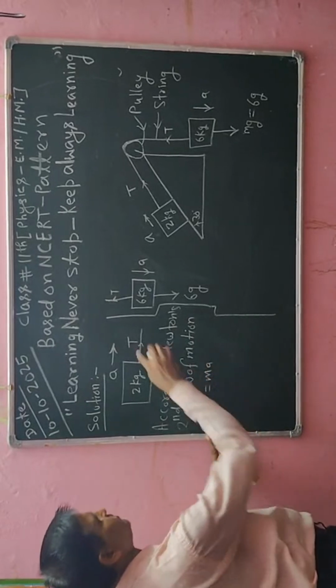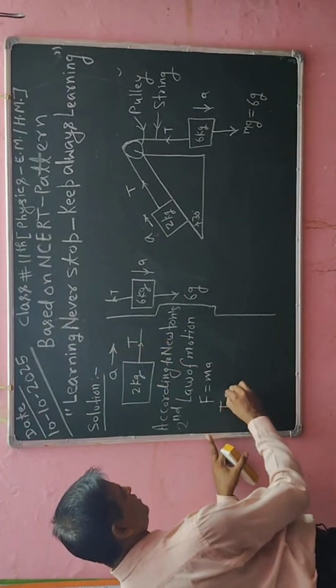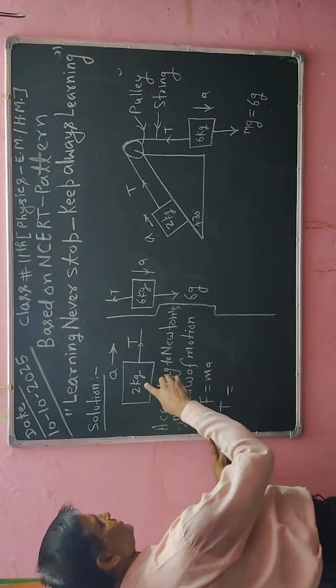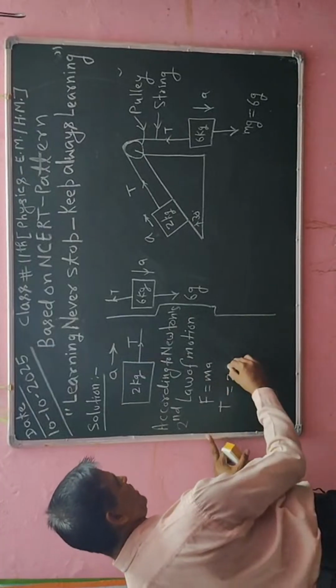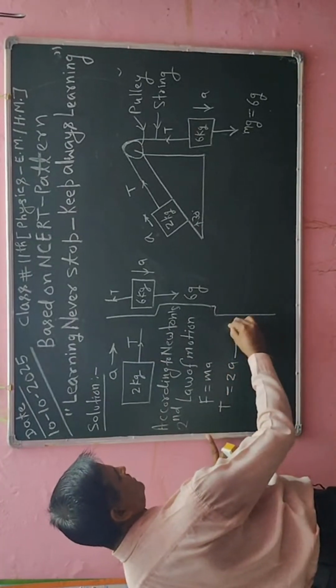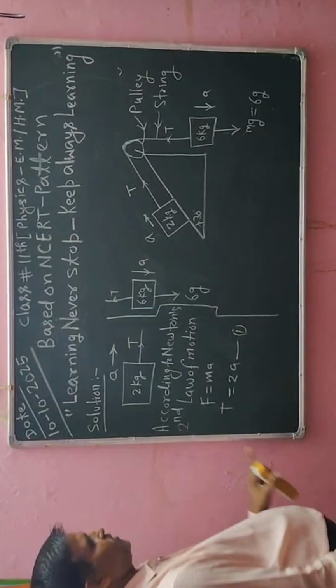In the place of F, T is available, so I will put T. Now this object has mass 2 kg, so I will put 2, and this object has acceleration a, so I will put acceleration a. I will say this is equation number 1.